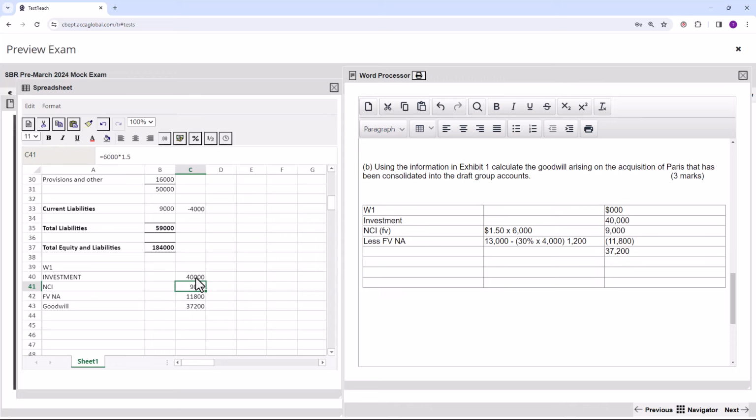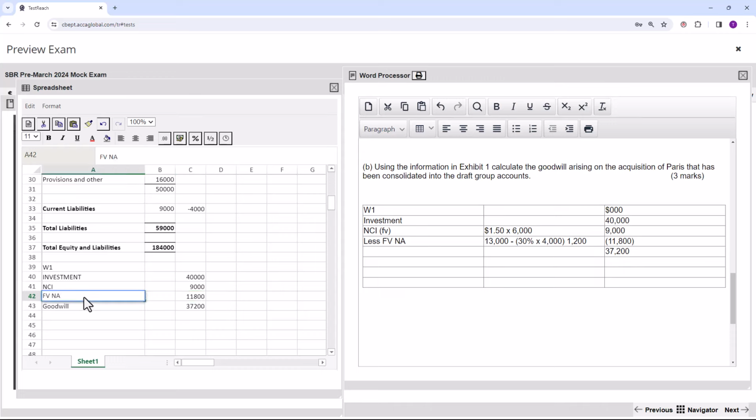Now clearly it's the correct answer, and clearly it's okay to do it using the spreadsheet functionality. The risk though is leaving an audit trail when you're introducing new numbers.